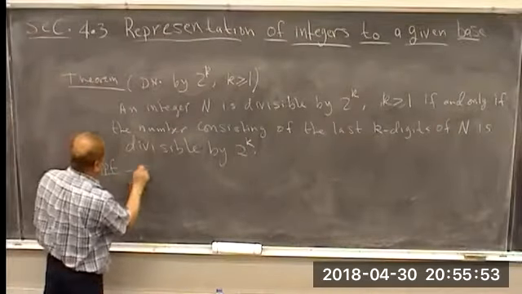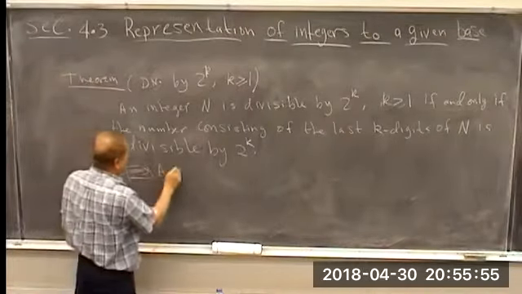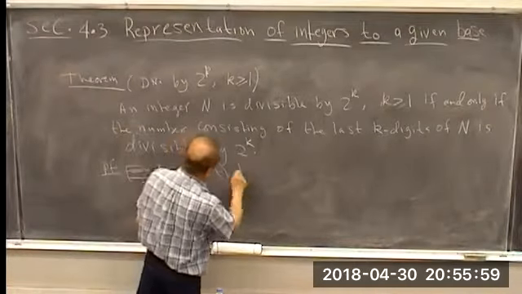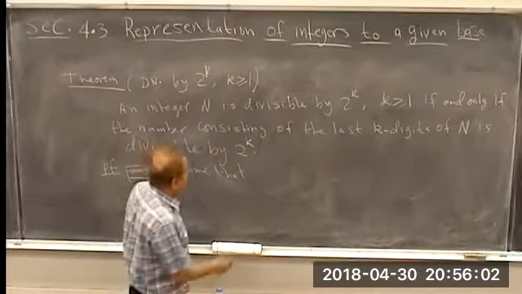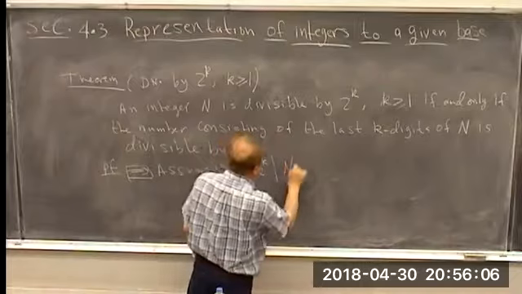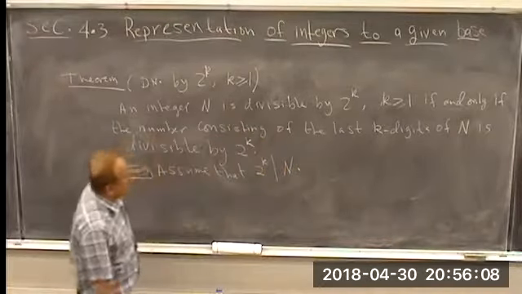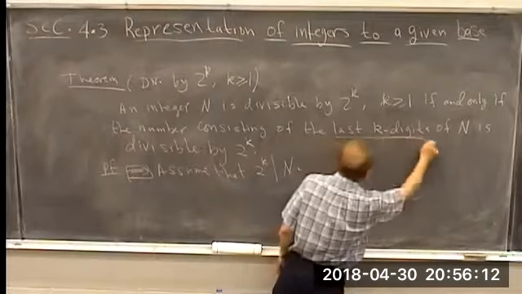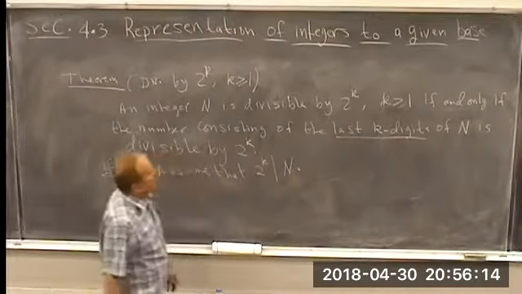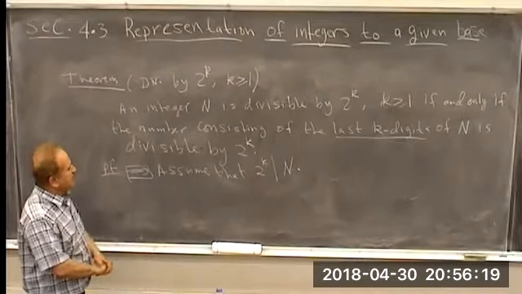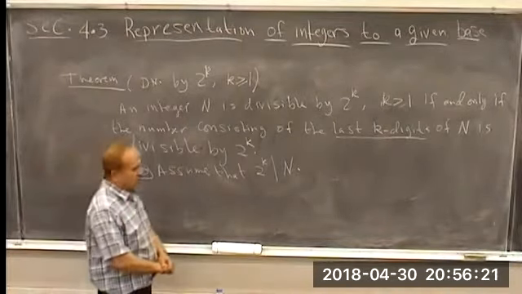So let's go this way. Let's assume that 2 to the k divides the number itself. Then I need to show that if I look at just the last k digits, then that number, which is a smaller number, is going to be divisible by 2 to the k.